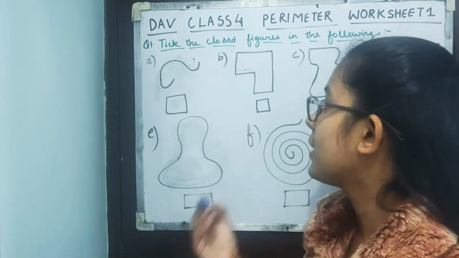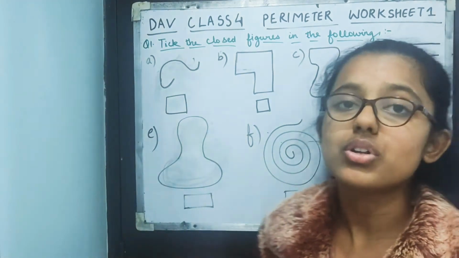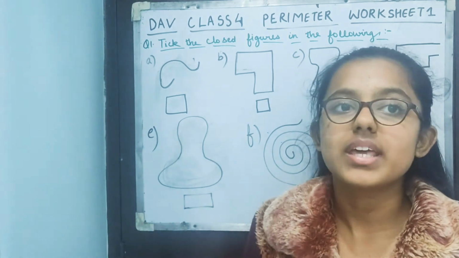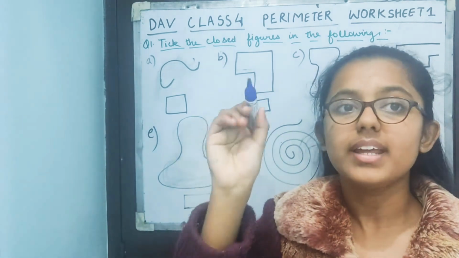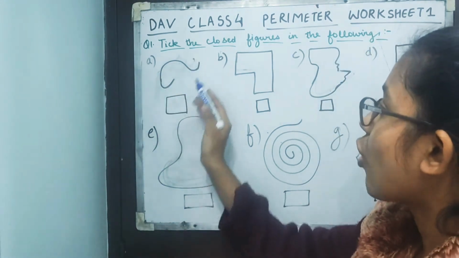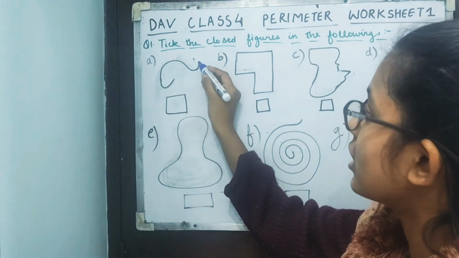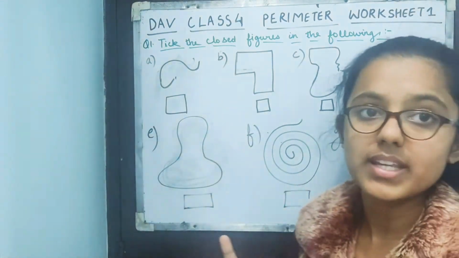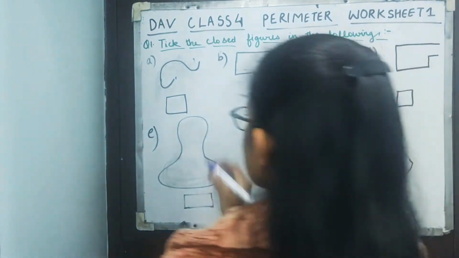I'll once again repeat what a closed figure is. A closed figure means the figure that is closing, or you can say the figure that is starting and ending from the same point. Our first figure is not closing, it's starting from here and ending here, so this will be a cross.